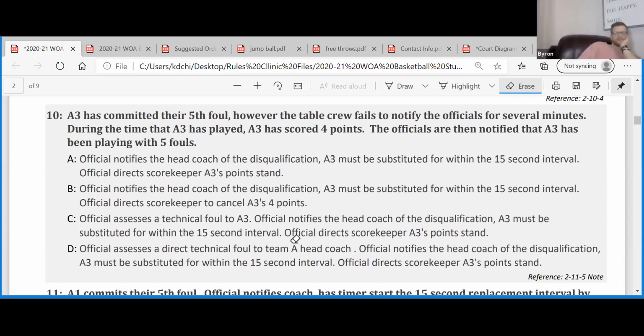Because it's not within the correctable time frame. Is this a correctable error? Several minutes. It's been several minutes since, so I would say it was outside that time frame to be correctable.